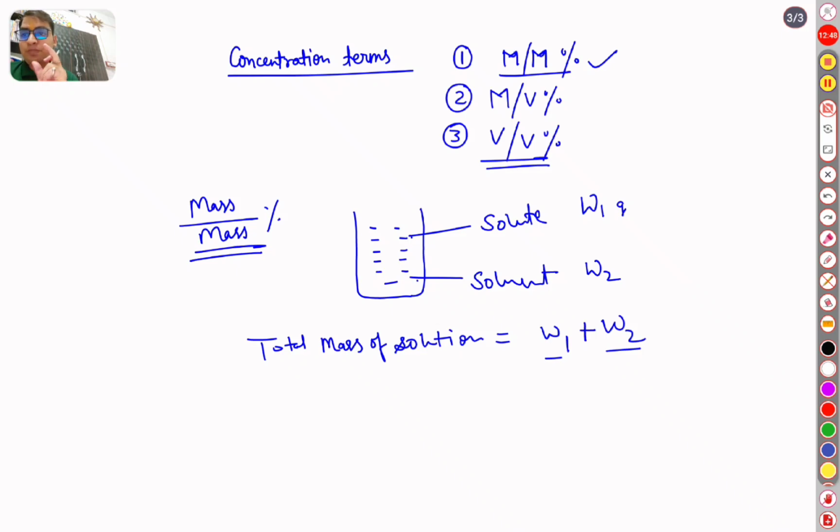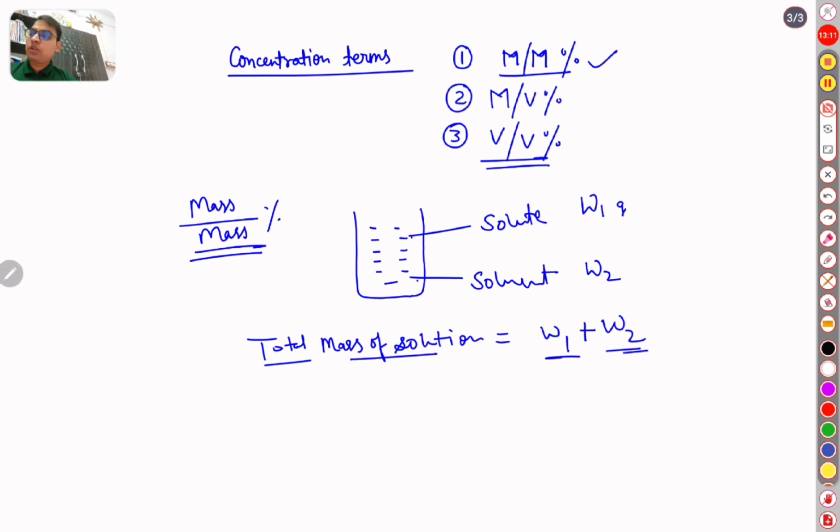Firstly you have taken 10 gram of water and 2 gram of sugar, combined together they form 12 gram of solution. That is the total mass of solution.